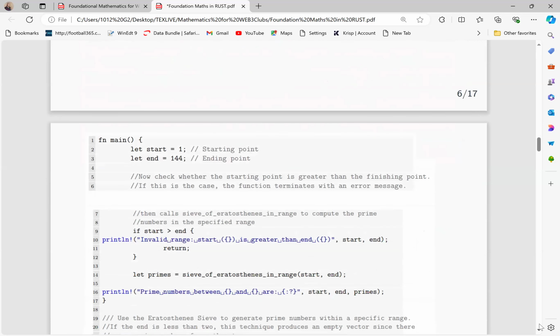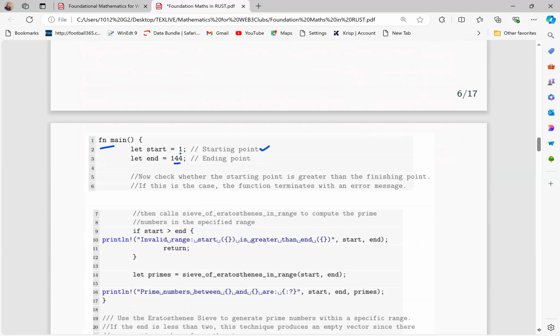Let me just show you how it does. Supposing I've said I want prime numbers between 1 and 144. This is my main function, and this is the starting point, where I want to have prime numbers from. I want prime numbers from 1 up to the ending point.